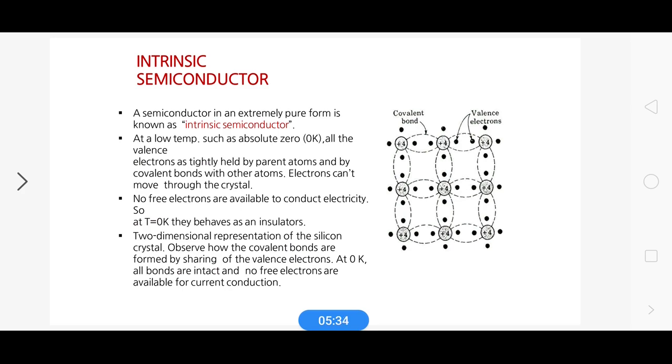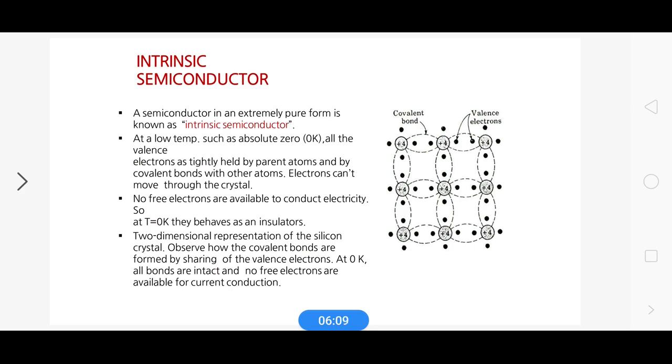Suppose we observe germanium or silicon, the pure form of semiconductor. It has 4 valence electrons in the outermost orbit. These 4 electrons of one atom form covalent bonds with the neighboring atoms, as shown in this figure.